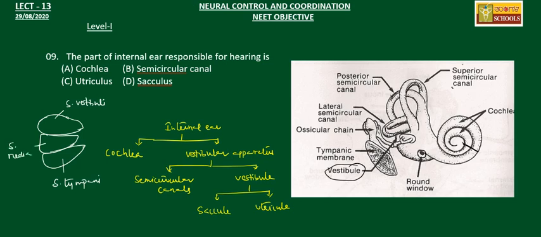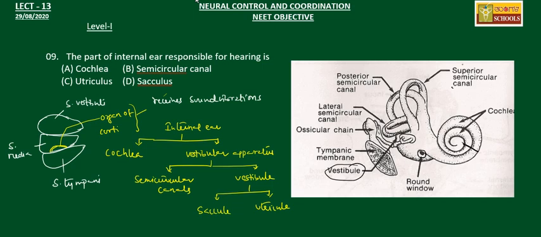And located here on this scala media is organ of Corti. So this organ of Corti is the one that is mainly responsible for receiving auditory information. So it receives sound vibrations and helps in hearing, which is a part of cochlea.